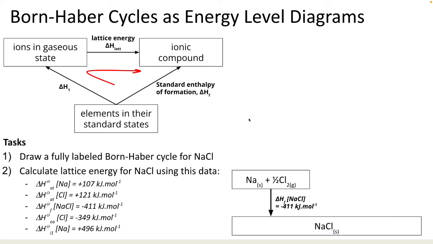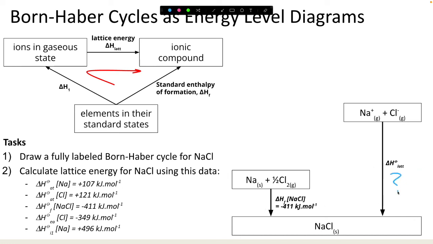But let's consider what an energy level diagram would look like for this whole process. We can start with our lowest energy, our really stable ionic lattice. We can form the ionic lattice through the ΔH of formation from the elements in their standard form. We can also form the ionic lattice from the lattice energy, from the ions in their gaseous form, and we know that this is going to be a much more exothermic process than that is.